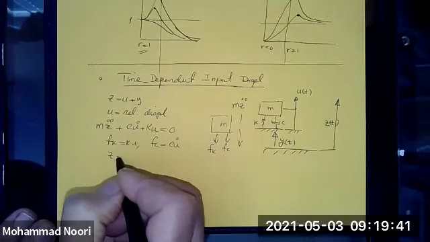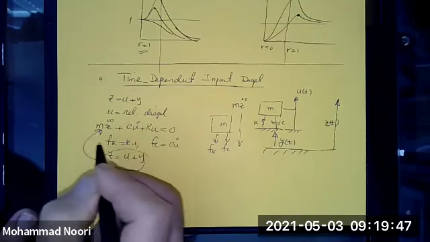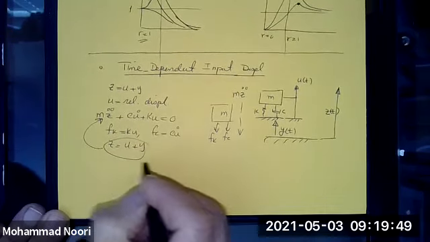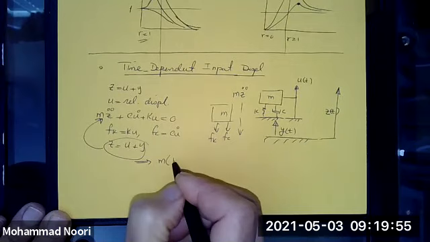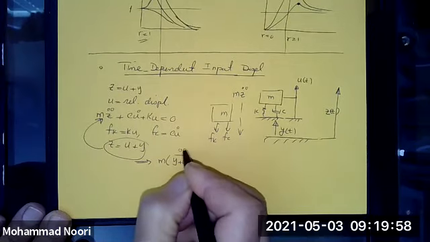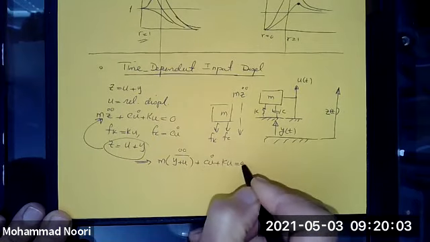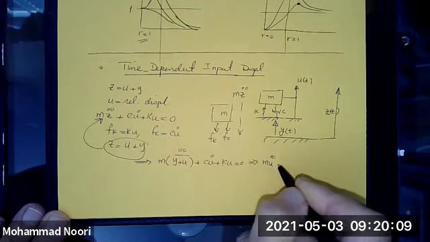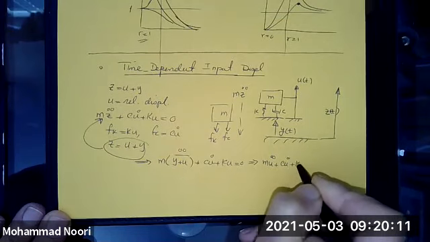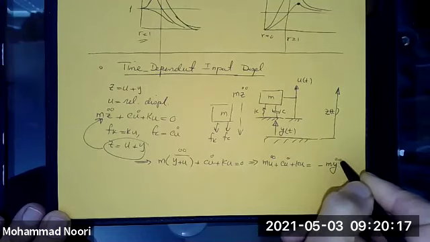But since z is y plus u, if you substitute that into that equation, you find it leads to this form of the equation, which is m y double dot plus m u double dot plus c u dot plus k u is equal to 0, or simplifying this, m u double dot plus c u dot plus k u is equal to negative m y double dot.